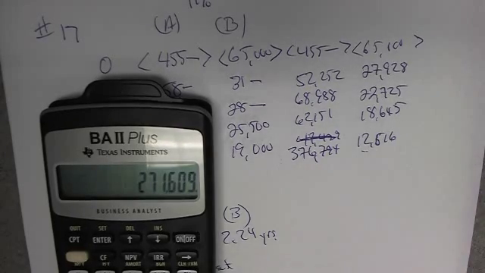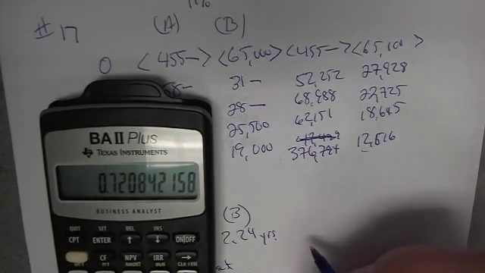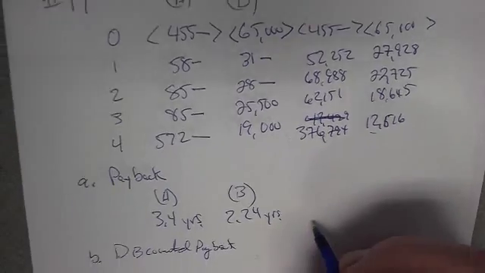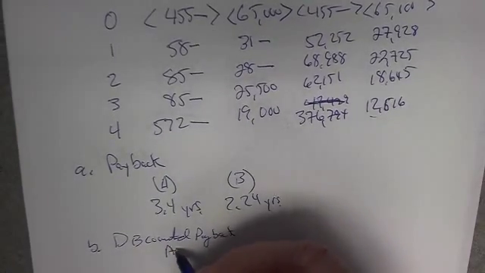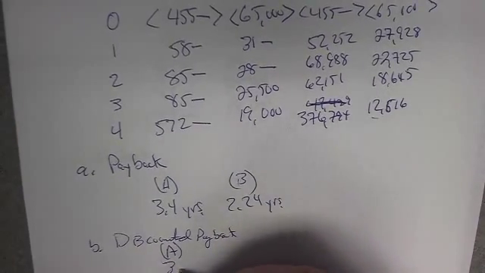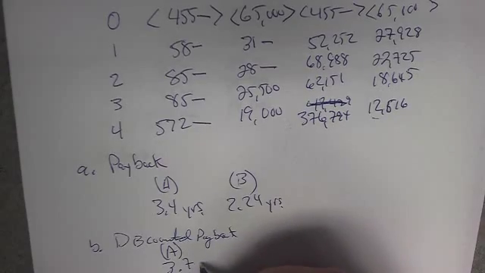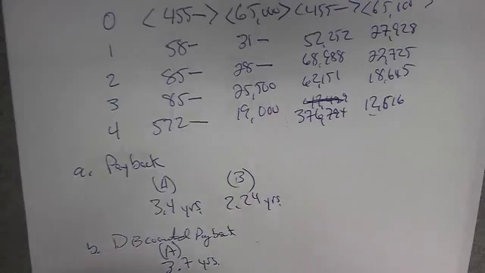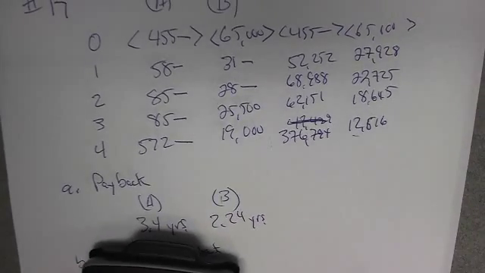So we're going to divide that by what we get in the final year, 376,794, and we get 0.72. So this is for part A, 3.72 or 3.7 years. Let's look at what we get for B.